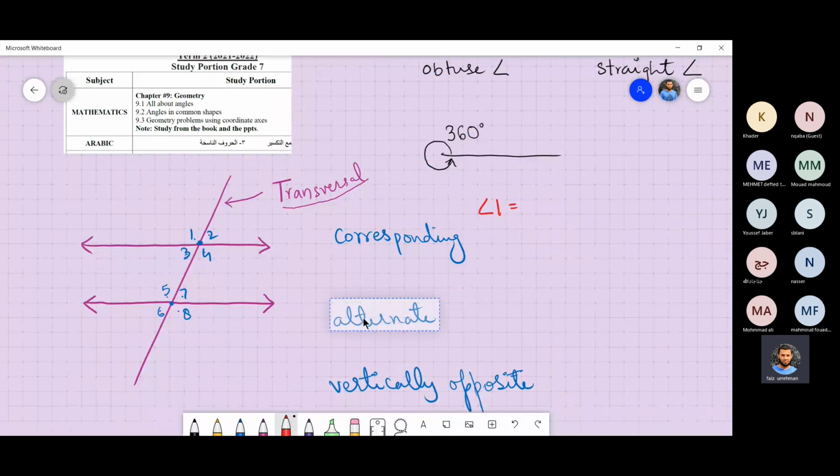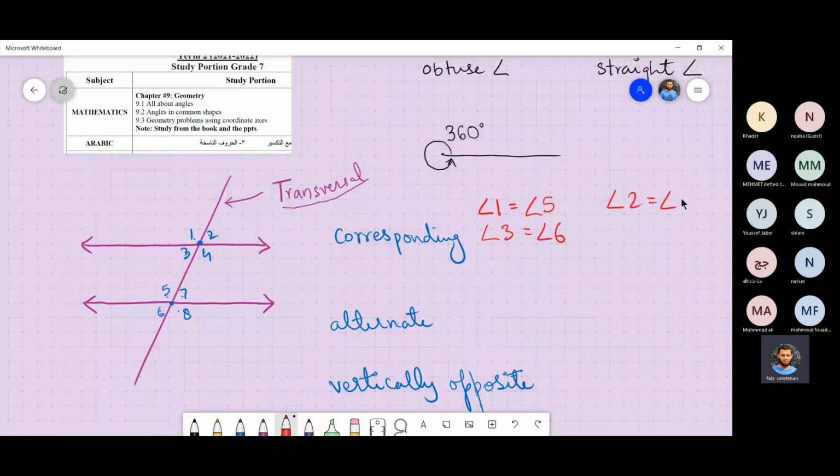Angle 1 will be equal to angle 5. Angle 3 will be equal to angle 6. Angle 2 will be equal to angle 7. And angle 4 will be equal to angle 8. And they usually form the letter F.